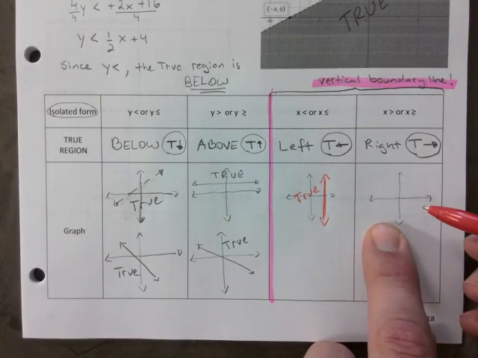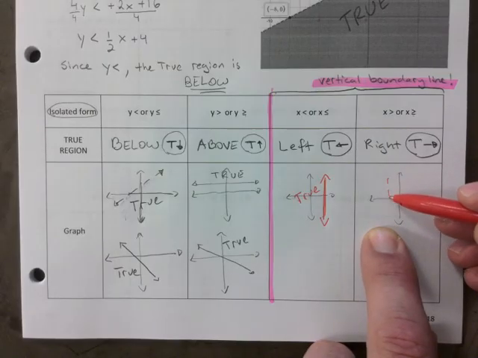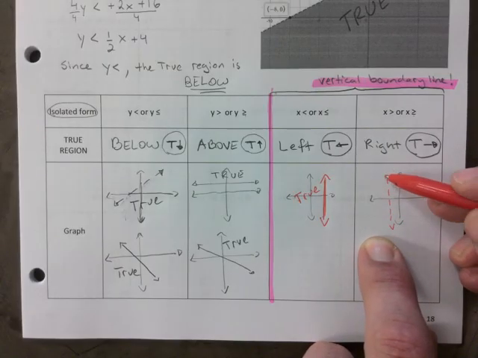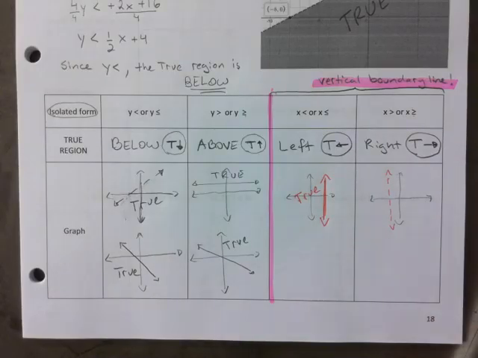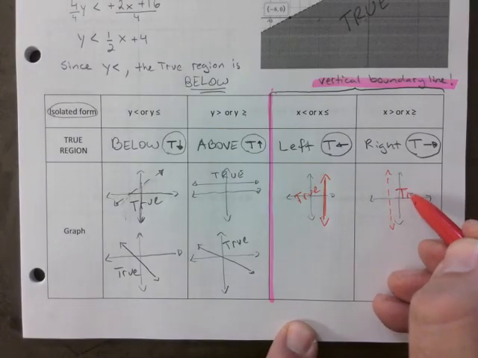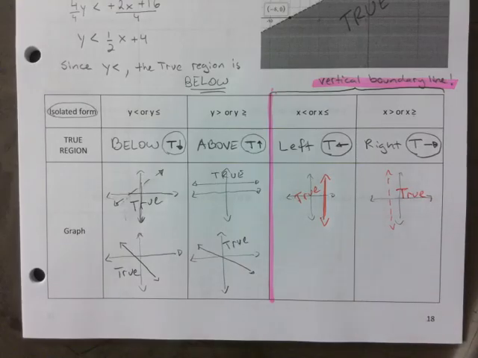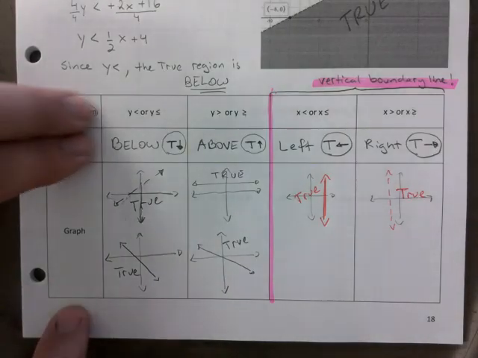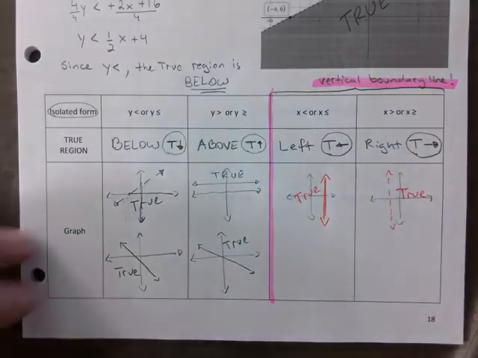On the other hand, you could have a boundary line that's dashed. So I'm mixing it up so you're not thinking it's always solid. The true region would be to the right. These diagrams, I don't think you need them on your study sheet. You can look them up here. But make sure you add this to your study sheet, the first two rows. Okay?